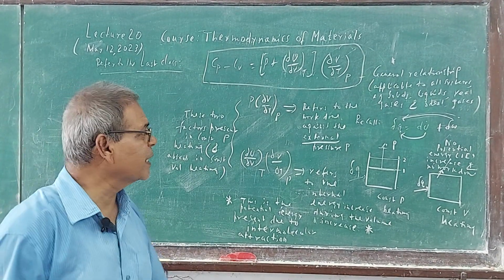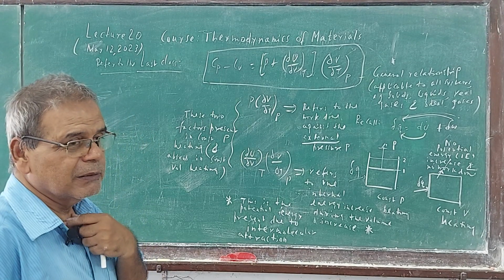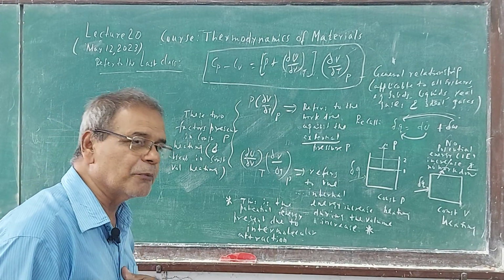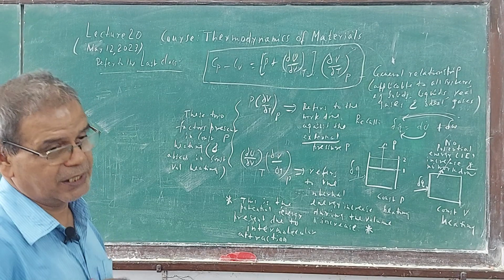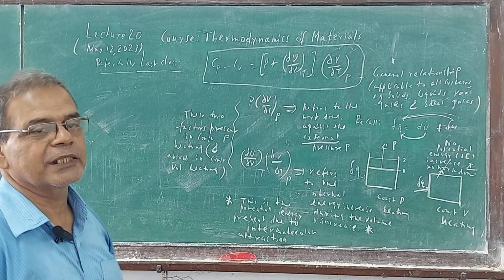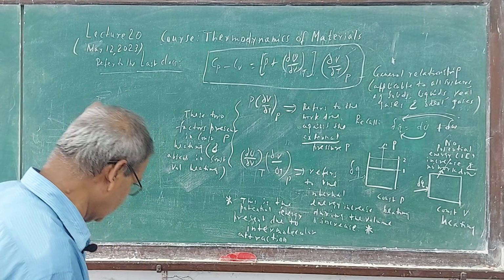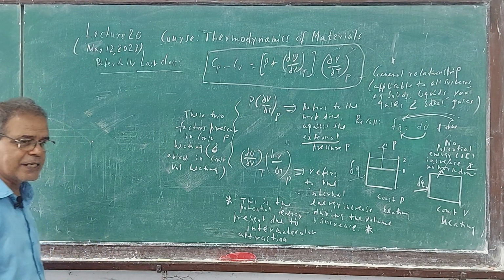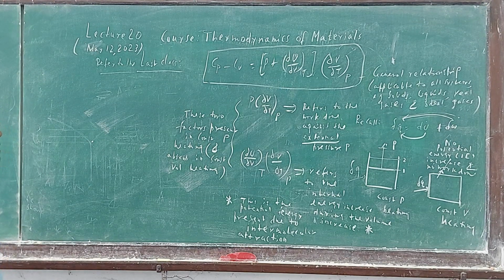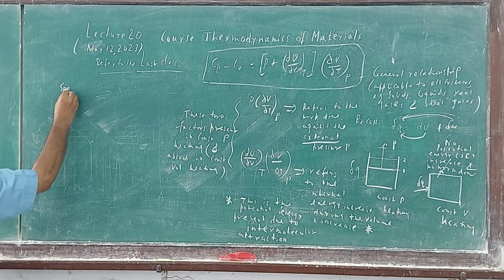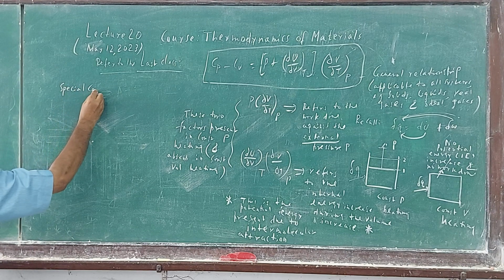You understand this? These two requirements must be met by the heat, dq, and Cp is about heat, and Cv also. So given this explanation, let us work on this general expression further. The special case is the ideal gas.